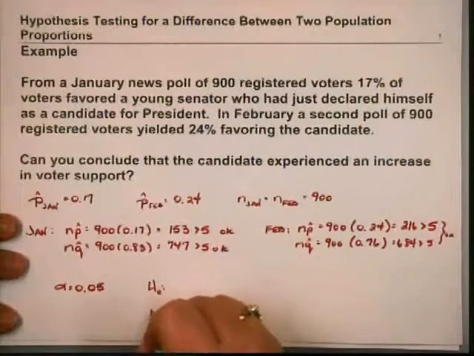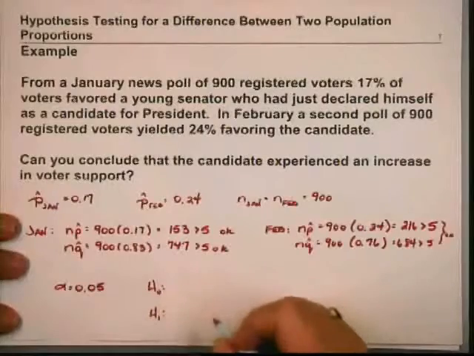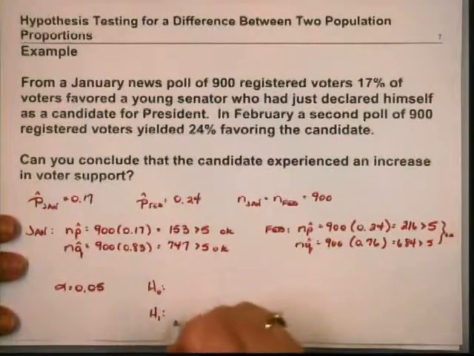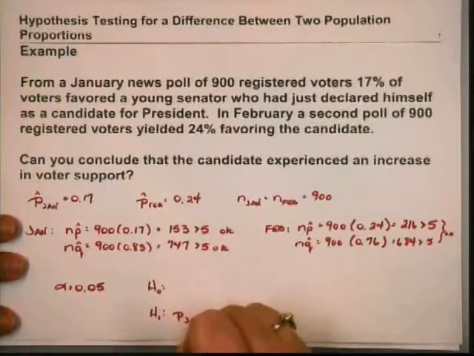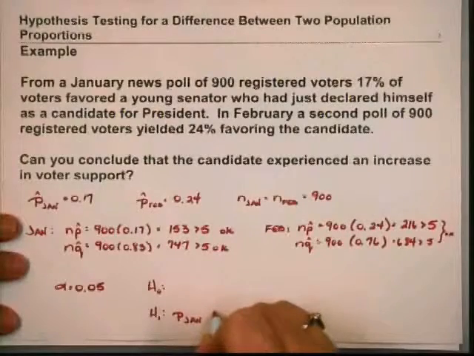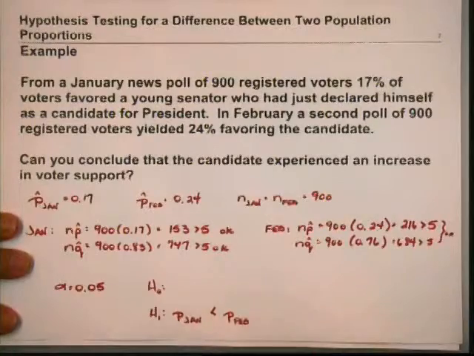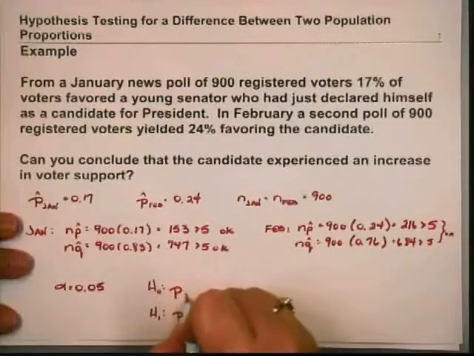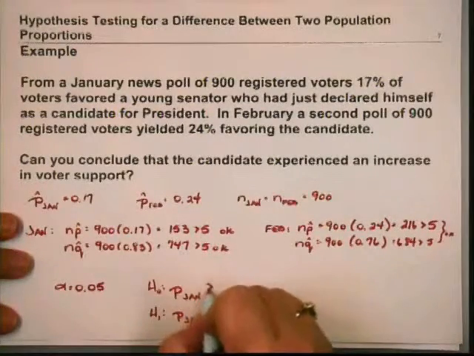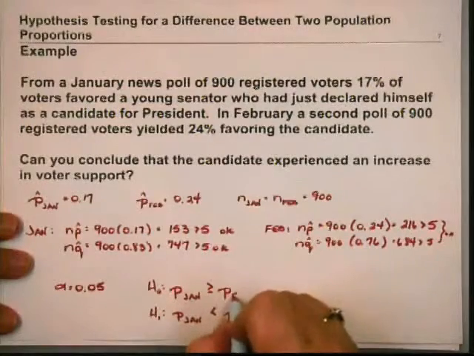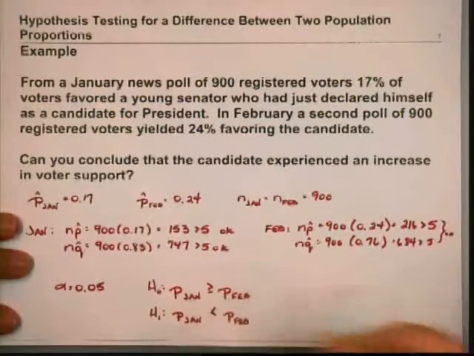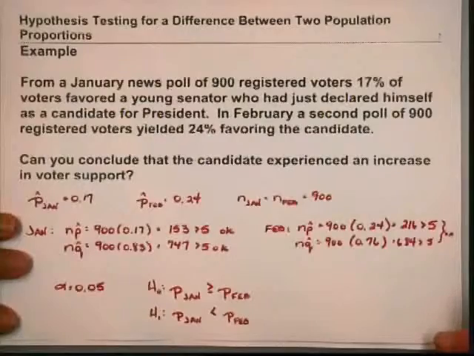So really, what's our research question? H1. Is that our January proportion? If it increased, January is smaller than February. Agreed? Then the opposite condition in the null. No difference. Okay?